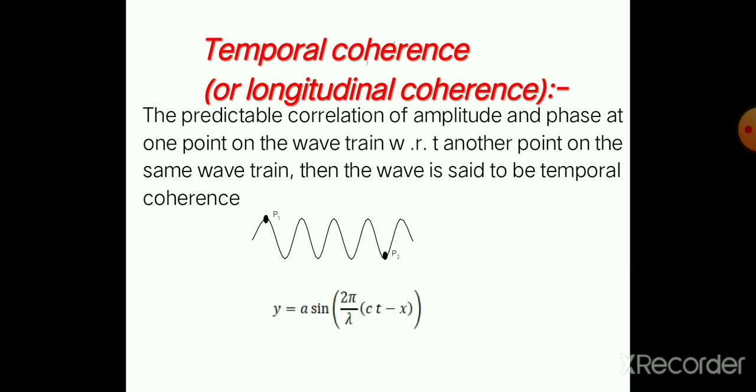Suppose the phase and amplitude of any one point is known, then we can easily calculate the amplitude and phase for the other point on the same wave train by using the wave equation y equals a sine 2 pi by lambda (ct minus x), where a is the amplitude of the wave and x is the displacement of the wave at any instant of time t.